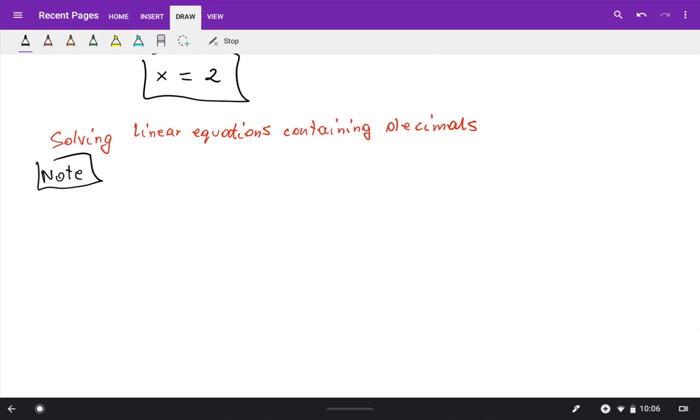Okay, so you have to find the LCM of the equation. So you're going to do the same thing, find the LCM of the equation which has decimals.